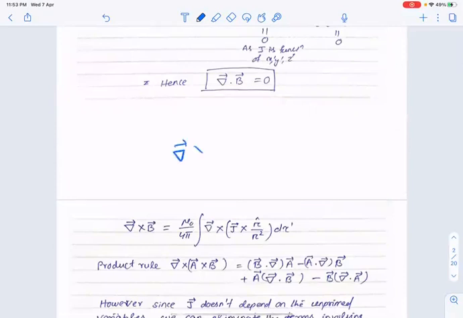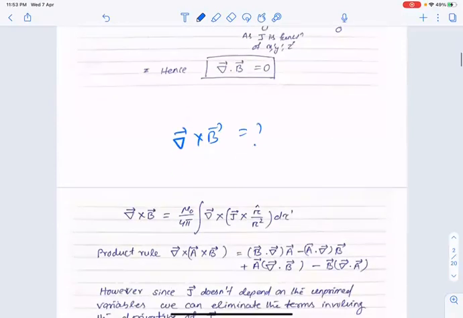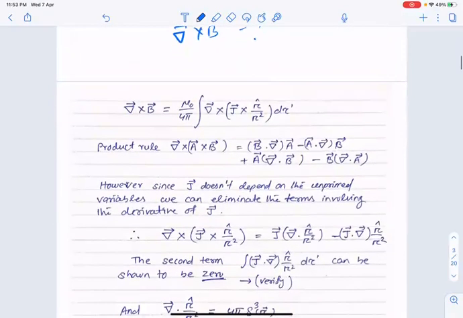So now you have the divergence as 0, and the question is, what is del cross B? You use the same expression from Biot-Savart's law that you have obtained, and take the del cross of that. So del cross B will turn out to be the integral of del cross (J cross r cap by r squared) d tau, and then you can use the product rule. The product rule you can verify for such an expression will come out to be this.